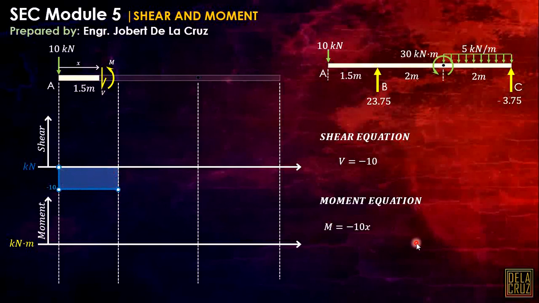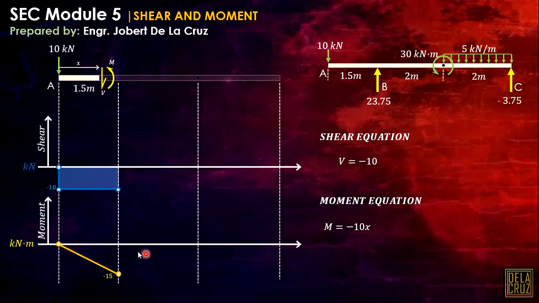Okay, shear diagram. For moment, of course, it will start from 0. Then, as you can see in the moment equation, that is negative 10x. Now, this is a first degree curve. That means it is an equation of a line, so it will be a straight line. The magnitude at point B, with x equal to 1.5, is negative 10 times 1.5, that is negative 15.